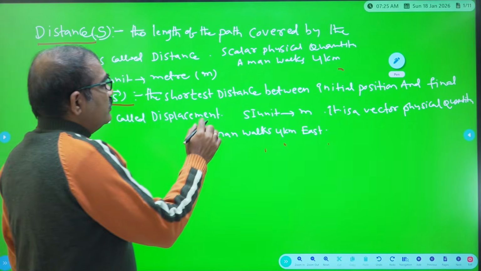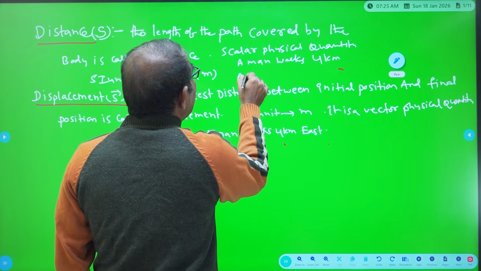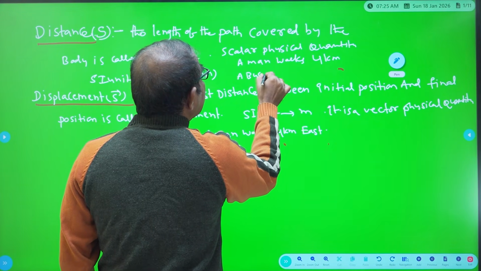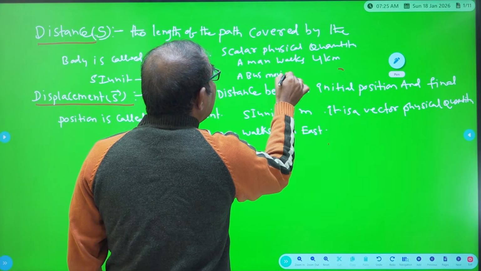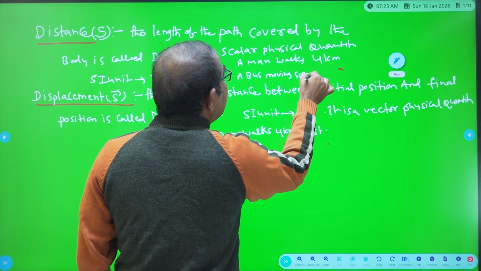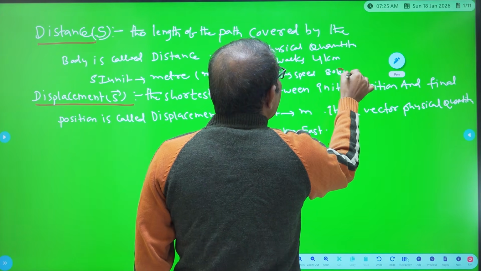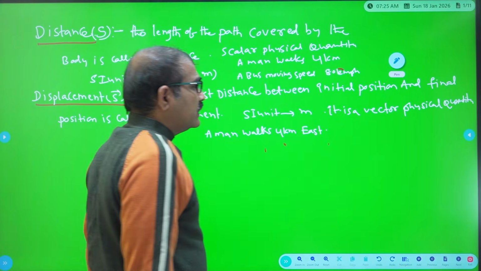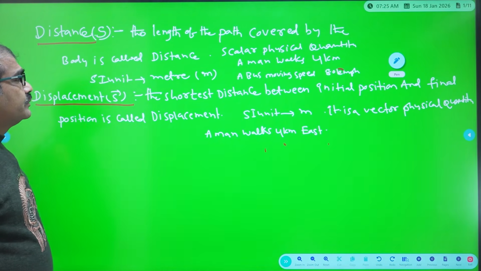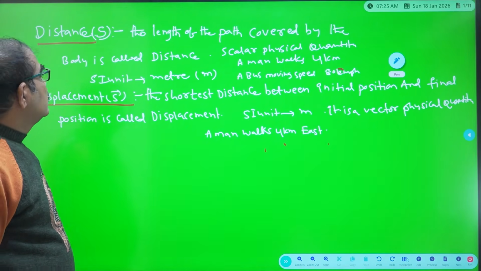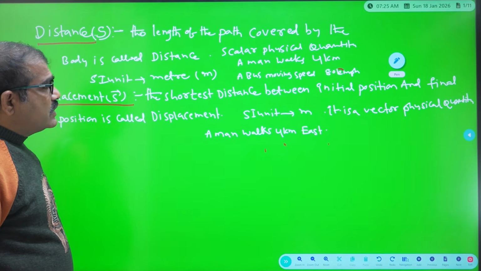For example, a bus moving with speed 80 kilometer per hour, that indicates scalar.